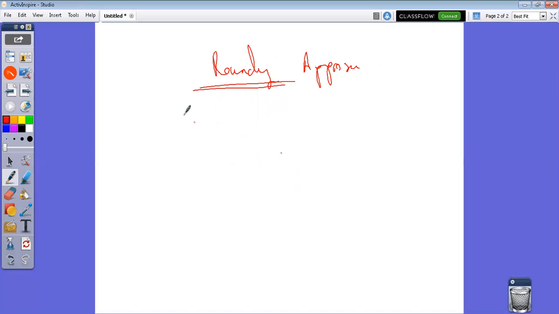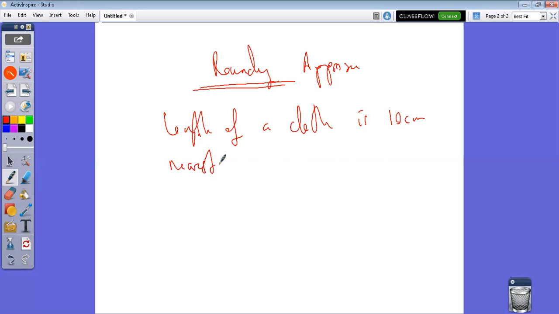For example, I'm given the length of a cloth. Let's say the length of a cloth is 10 centimeters. Then I'm told that this is to the nearest 5 millimeters. You can write that down.